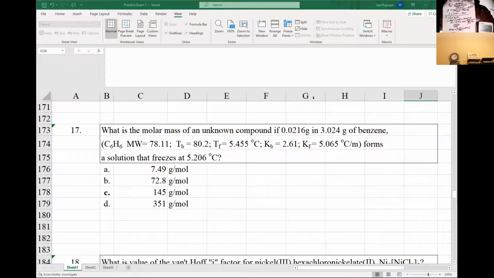Let's go back where you can see what I'm doing. Okay, so I did this math. I took the difference divided by that and got this number. And I said that's the molal. It's number of moles over number of kilograms. I know I had that many grams of benzene divided by 1,000. That's the number of kilograms. This goes here.